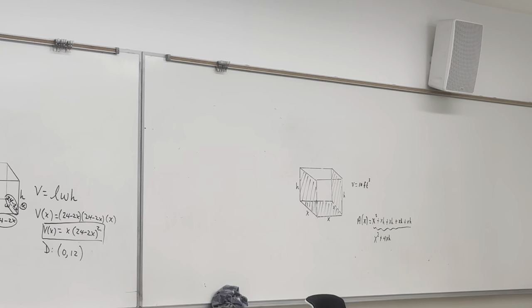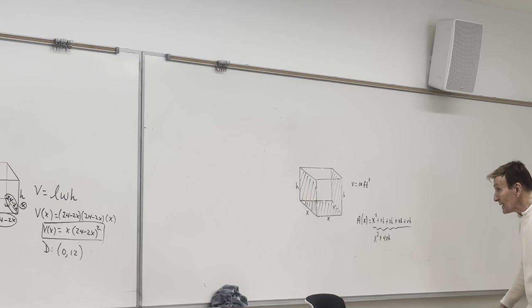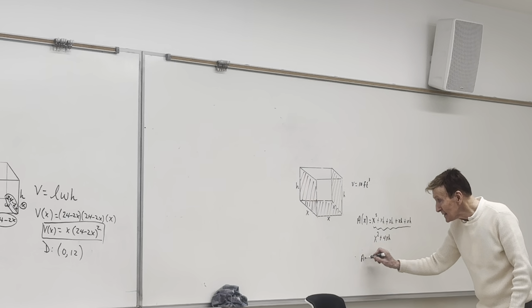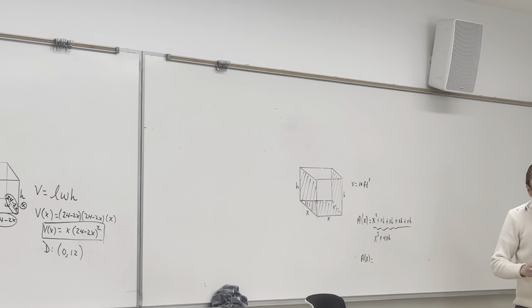Now to finish this up, Johnson has asked me to express this area of this box in terms of only x. I have some partial credit here. What's my concern right now with what I have? I see x squared plus 4xh. They want this as a function only in terms of x. What's the issue?